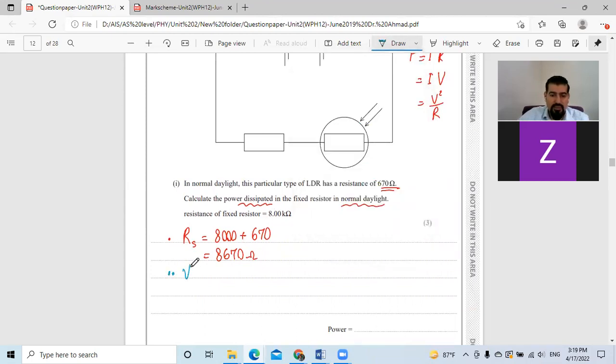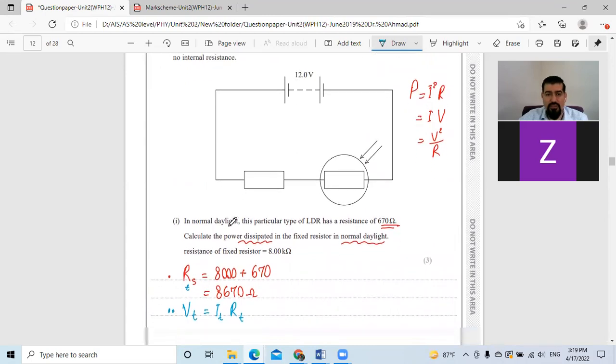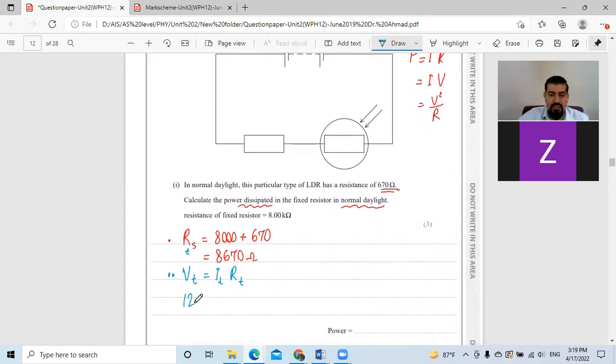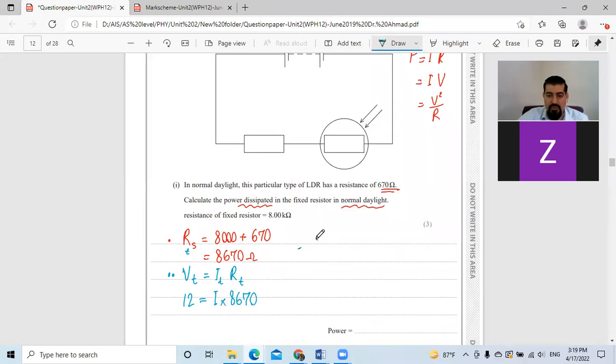I know that V total equals I total multiplied by R in series, or R total. It's the same thing. So the voltage, which is given as 12, equals the I total that we want to find, multiplied by 8,670.